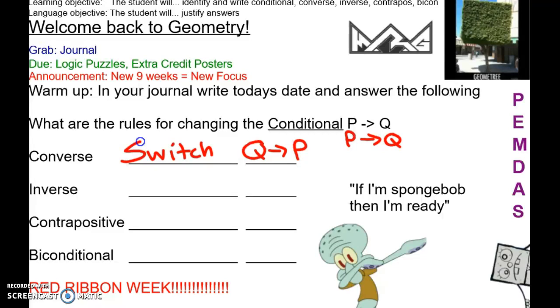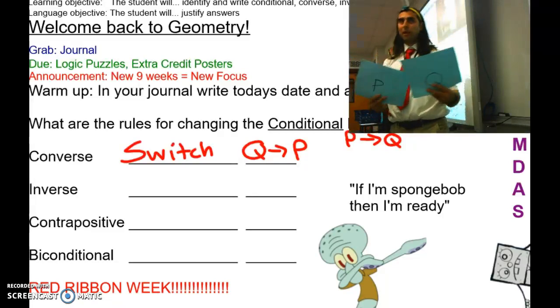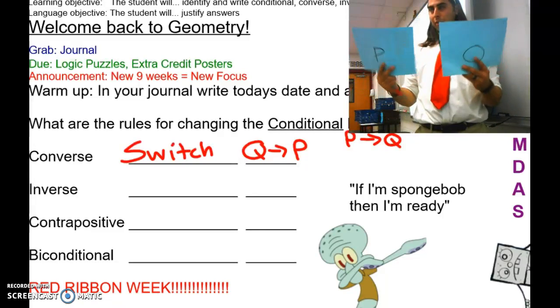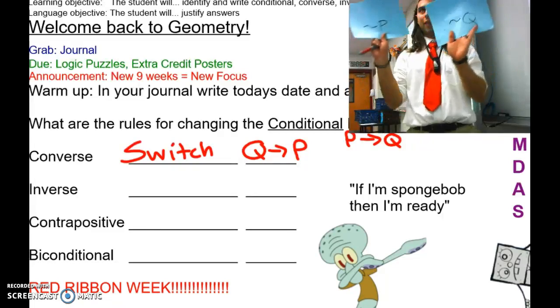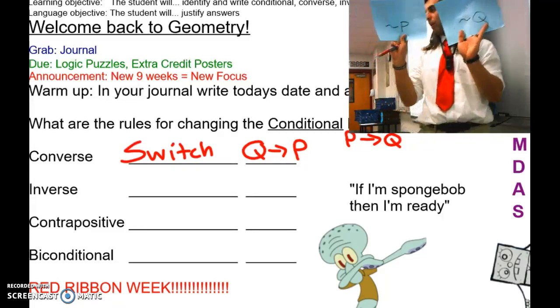Now, inverse, what does that word inverse make you think of? Okay? It might make you think of invert, which would be opposite, or inside out, it has in it. But basically, you're going to take the P and the Q and flip it. And I'm flipping these blue pieces of paper, but you'll notice when I take the blue pieces of paper and I invert them, I flip them, on here I've got, it's kind of hard to see, little squiggle P, and squiggle Q. Now, what do those squiggles mean?